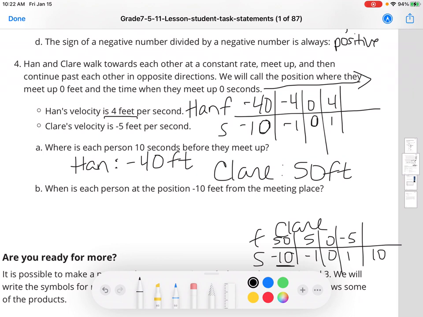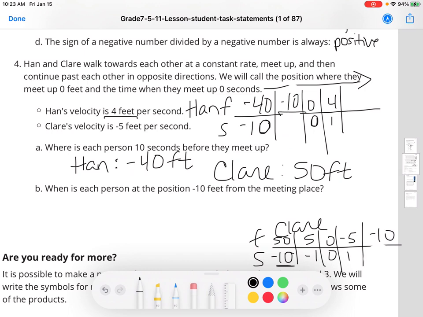B, it says, when is each person at the position of negative 10 feet from the meeting place? Let's erase this one. So we want to know when each of them are at negative 10 feet. Let's reuse this section.